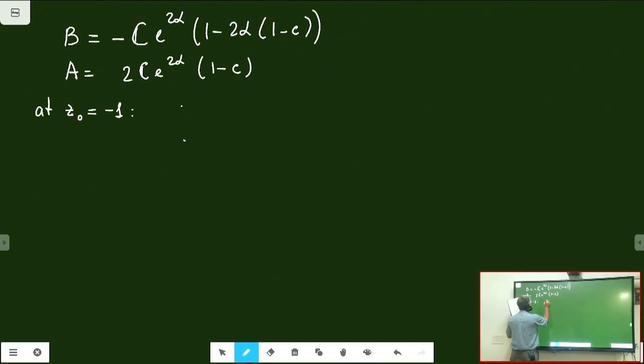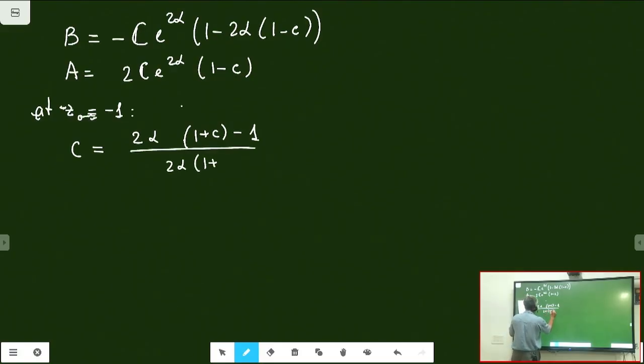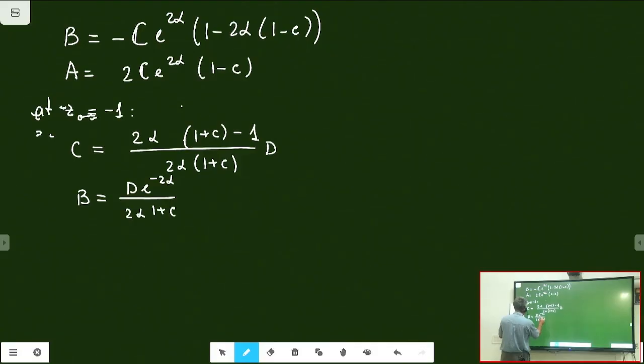You will get C is equal to 2 alpha, 1 plus C minus 1 divided by 2 alpha, 1 plus C multiplied by D. So we have 4 quantities, A, B, C, and D. And B will be D times e to the power minus 2 alpha divided by 2 alpha, 1 plus C. Okay? So that's what you will get from the second pair of equations.